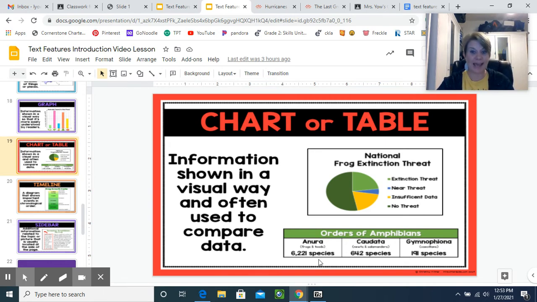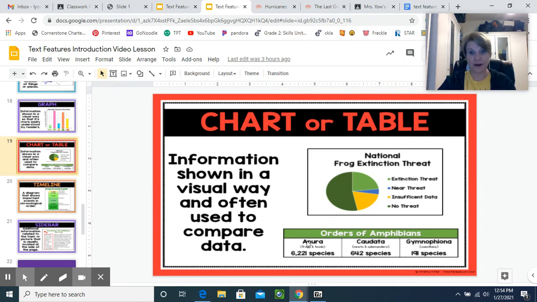You also may see a table. A table is going to have a title at the top, and it's going to be broken up into different boxes usually to show you different information. And I'm not going to dare try to pronounce all of these words right here, but I can see this first category has 6,221 species, but my third category only has 191 species.